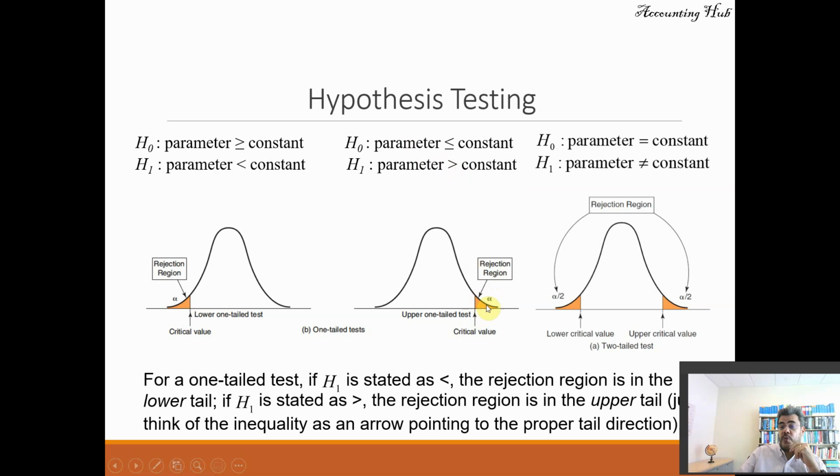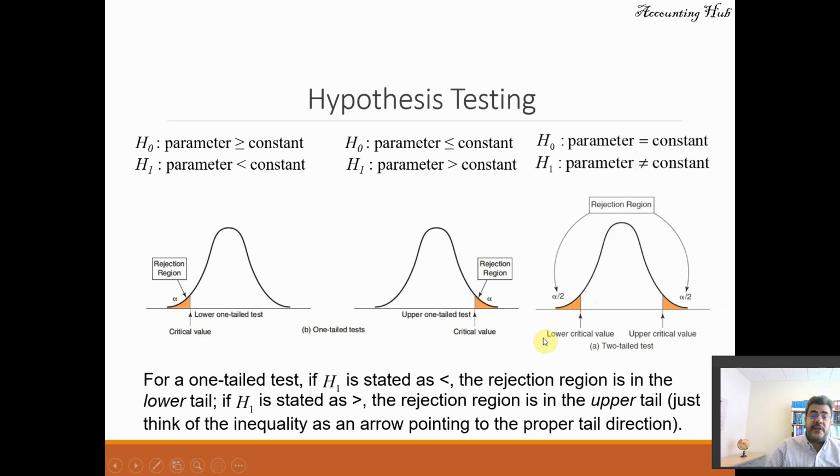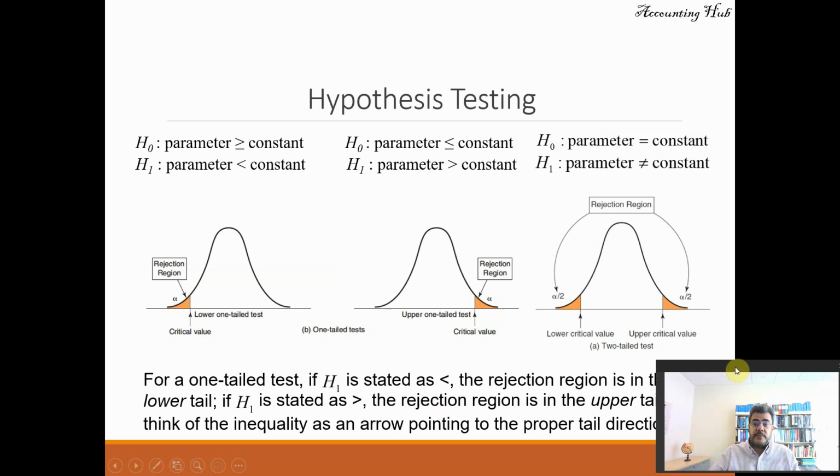It is this one tail. Or equal and different, we go to a two tail test, and then alpha divided by 2 on both sides. For a one tail test, if H1 is stated as lower than, the rejection region is the lower tail, greater than is the upper tail, and then just think of the inequality as an arrow pointing to the proper tail direction.